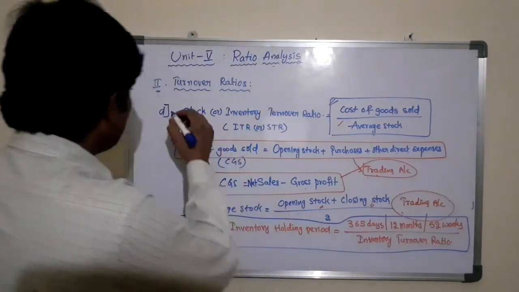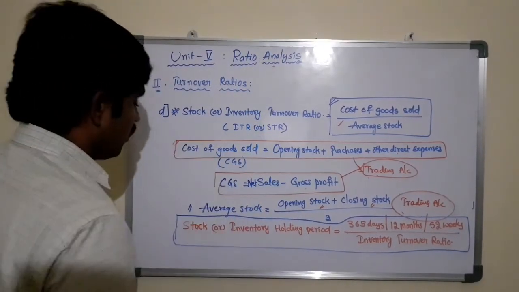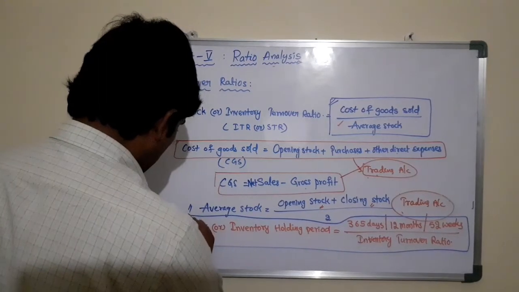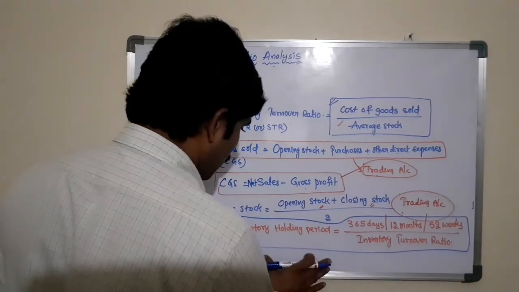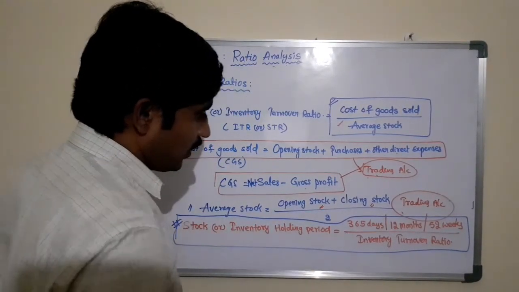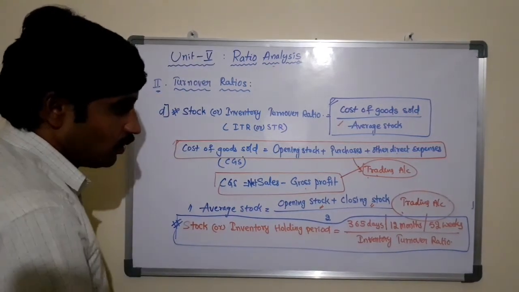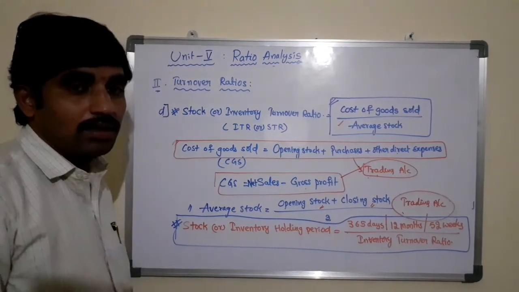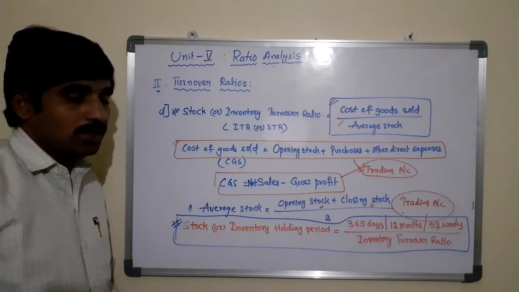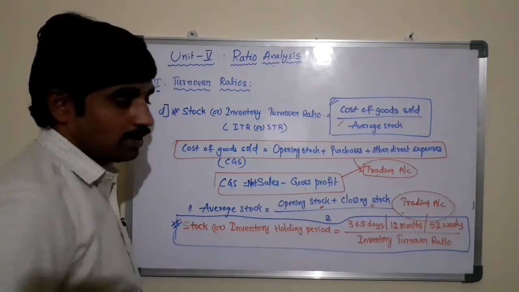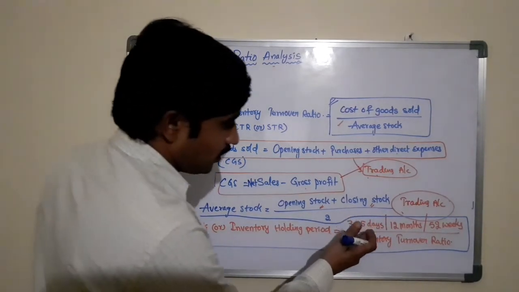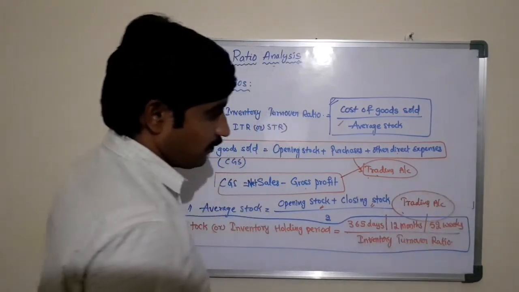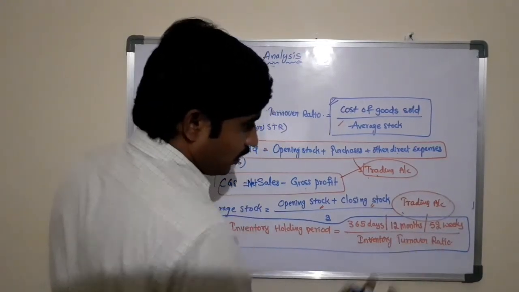Once you have calculated the stock turnover ratio, you need to calculate the inventory holding period in order to know how much time the business is holding the stock, in terms of days, months or weeks, by inventory turnover ratio.